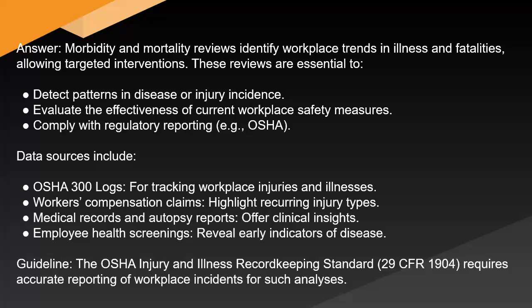Data sources include OSHA 300 logs for tracking workplace injuries and illnesses; workers' compensation claims, which highlight recurring injury types; medical records and autopsy reports, which offer clinical insights; and employee health screenings, which reveal early indicators of disease. Guideline: the OSHA Injury and Illness Record-Keeping Standard, 29 CFR 1904, requires accurate reporting of workplace incidents for such analyses.